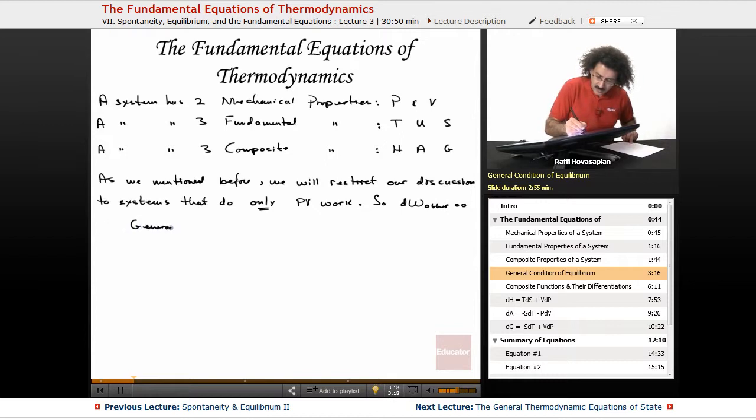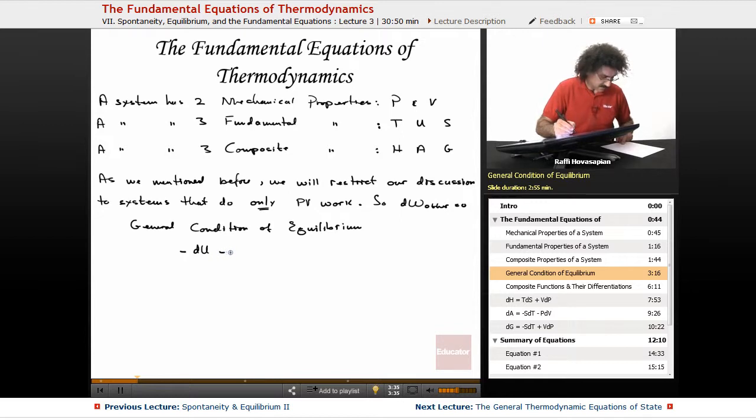So, general condition of equilibrium. We have minus dU minus, well, I'll write out the whole thing, minus P dV plus TdS minus dW other is going to equal 0.